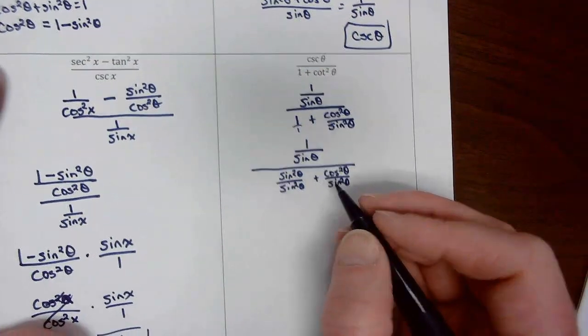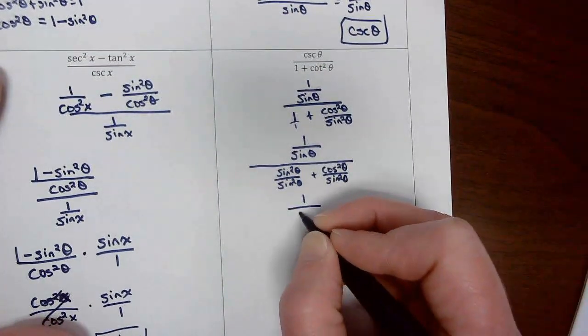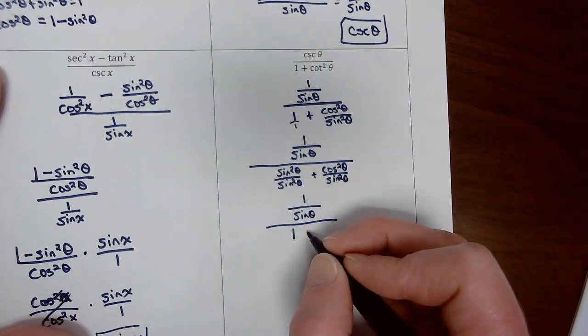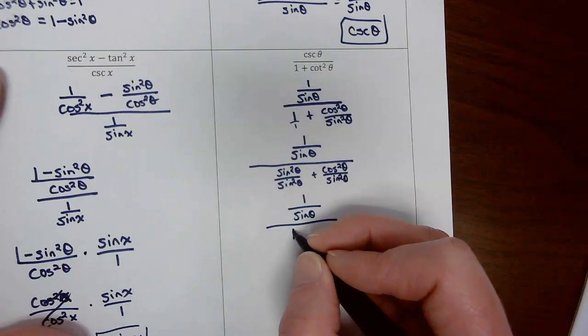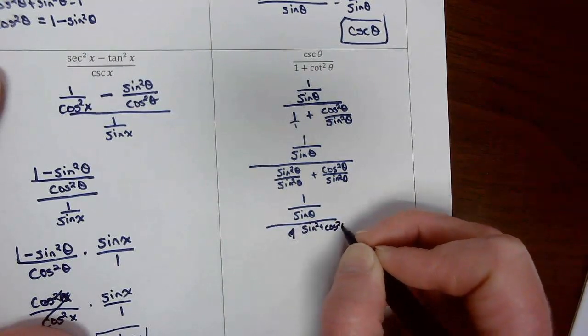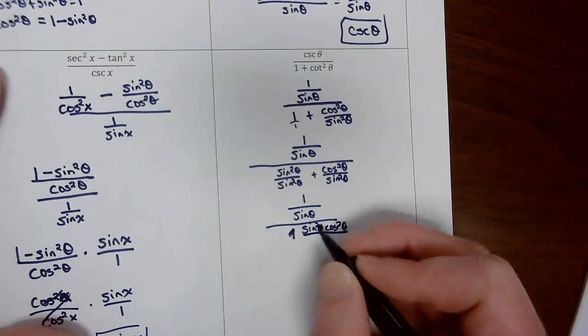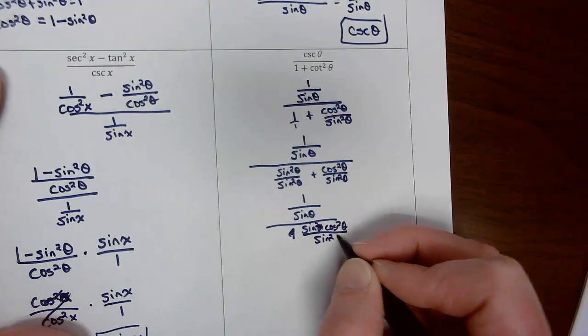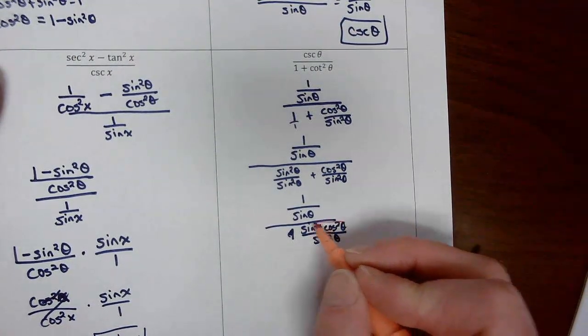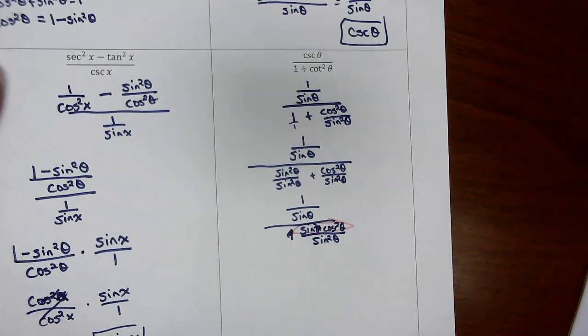Now we would add those together. Oh, hold on. Sine squared plus cosine squared over sine squared. Well, what is sine squared plus cosine squared? That's just a 1.